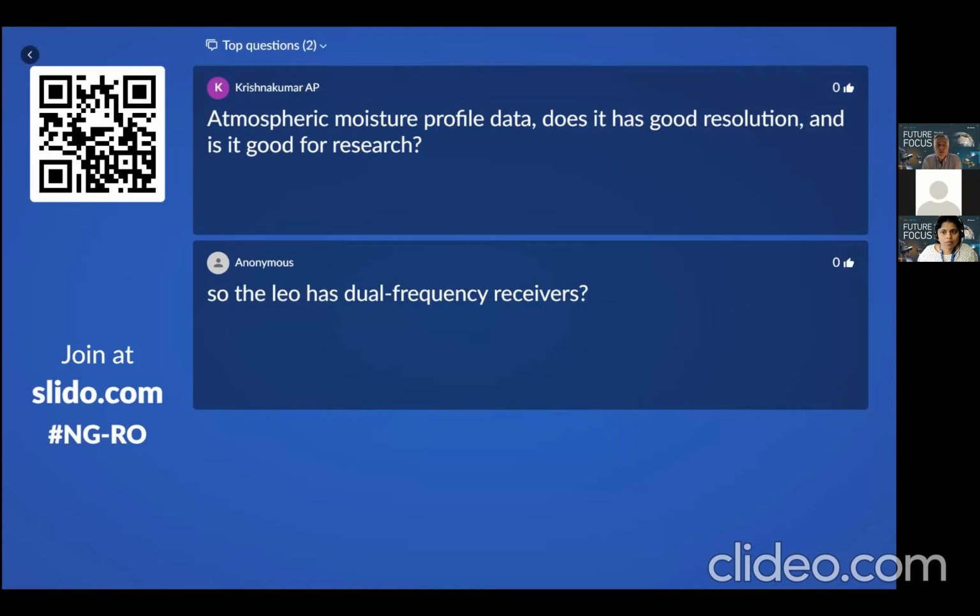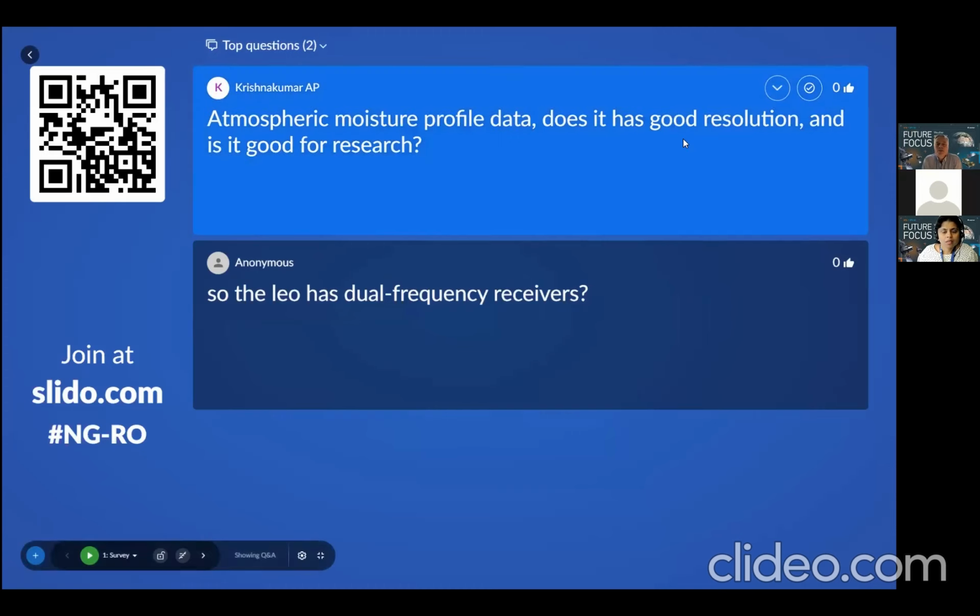Okay. Atmospheric moisture profile data. One of the important things to remember is we are sensitive to the refractive index variations. And the refractive index variation is a combination of the temperature variation and the moisture and the specific humidity in the air. Because you only have one measurement, you have to provide one. So for moisture retrievals, you usually take a background profile that is essentially nailing the temperature, and then you calculate what the moisture is compared to that.